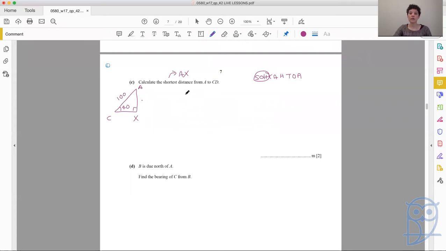So we now know that sine 40 equals opposite, well, that's our AX that we want to calculate, over hypotenuse, that's the 100 that we have. So we want AX alone, so we're going to multiply both sides by 100. We have AX equals 100 times sine of 40.